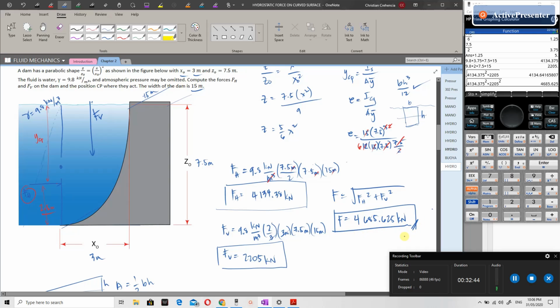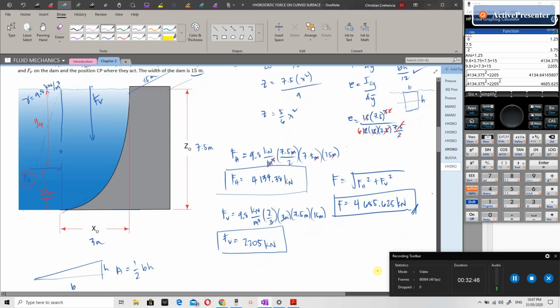Okay. So, paano naman yung location ng CP? Okay. So, nakuha na natin yung force F. So, let's determine muna yung angle from the horizontal. Okay. So, let's say nandito yung ating force F. Let's say dito sila nag-intersect yung line.